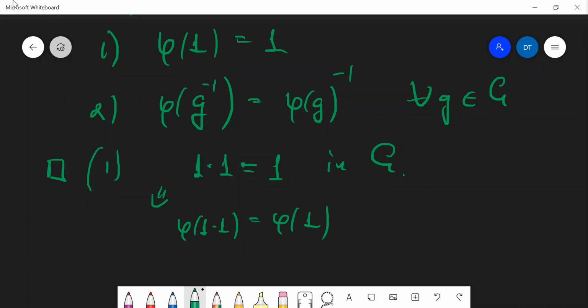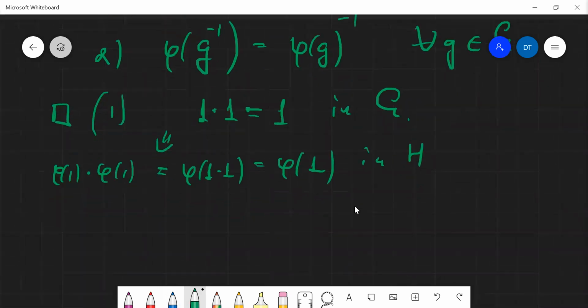But now, since phi is a homomorphism, it preserves the multiplication. So here you have phi of 1 times phi of 1. And this is a sequence of equalities in the group H. So phi of 1 is an element from H such that this equality holds.